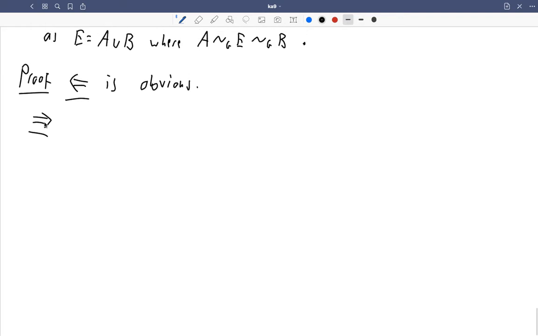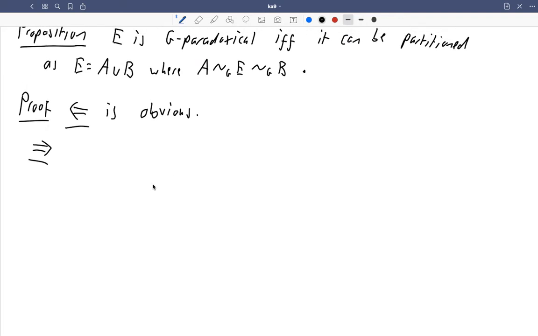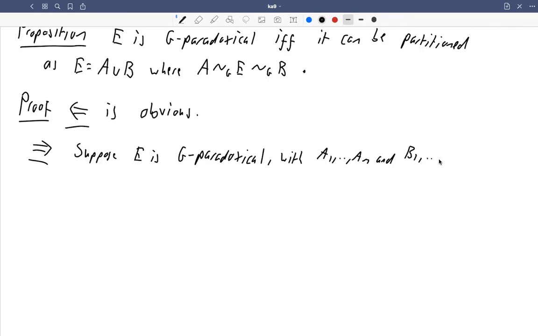So suppose E is G paradoxical, with A1 up to AM and B1 up to Bn, as in the definition of G paradoxicality.